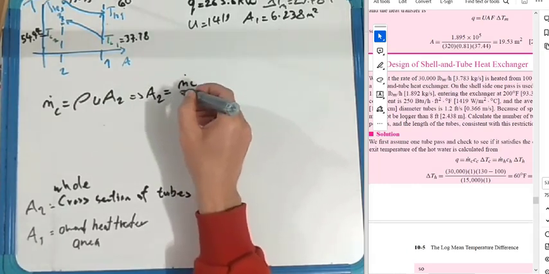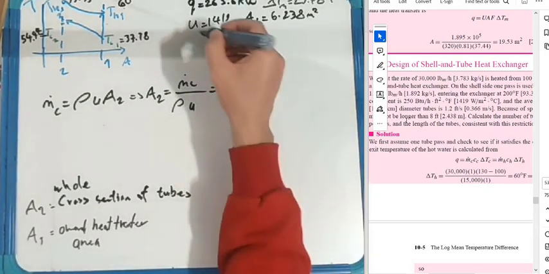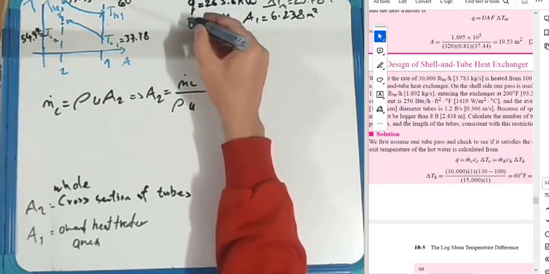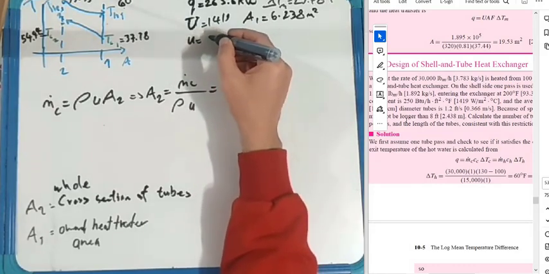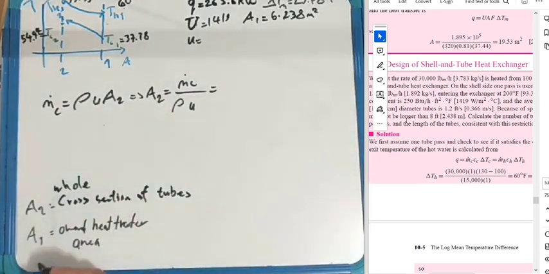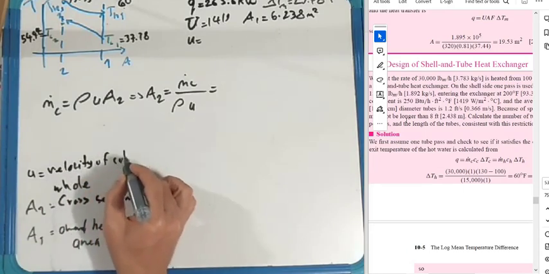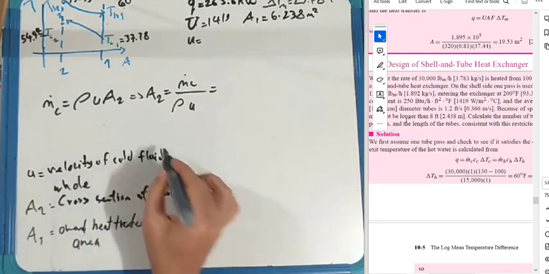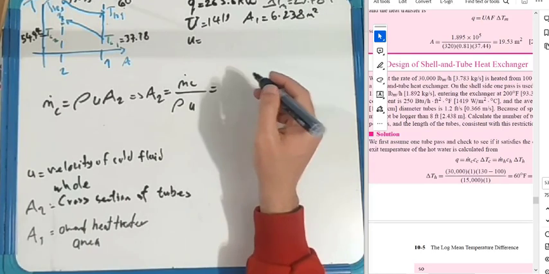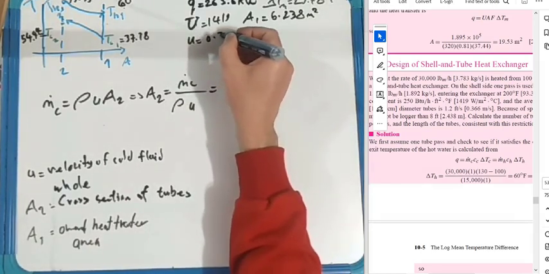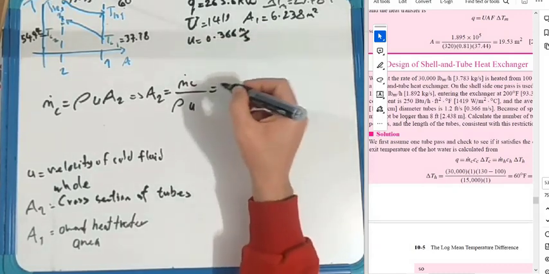A2 equals m dot c divided by rho and u. Sorry, this is a capital U and this is a small u, which is velocity. This u is the velocity of the cold fluid. Then the value of m dot c is 3.66 kg per second. Let me calculate this one.